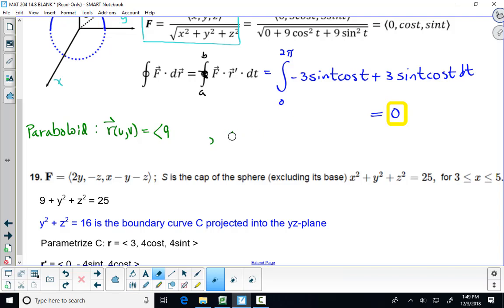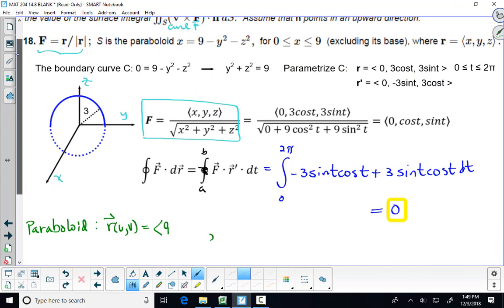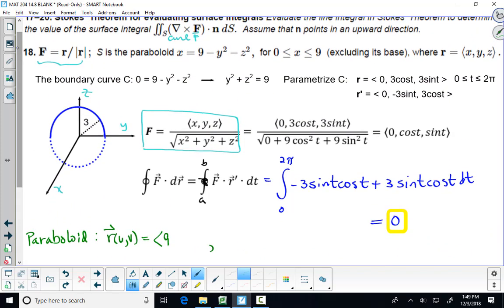For this paraboloid, if we think about the relationship between the radius of the disk and the height of the paraboloid, or the distance from the YZ plane, can we come up with a relationship there?